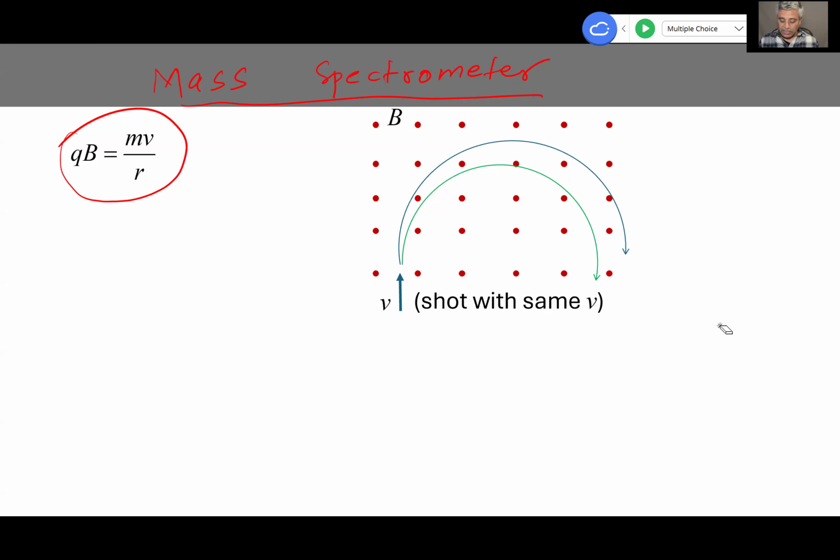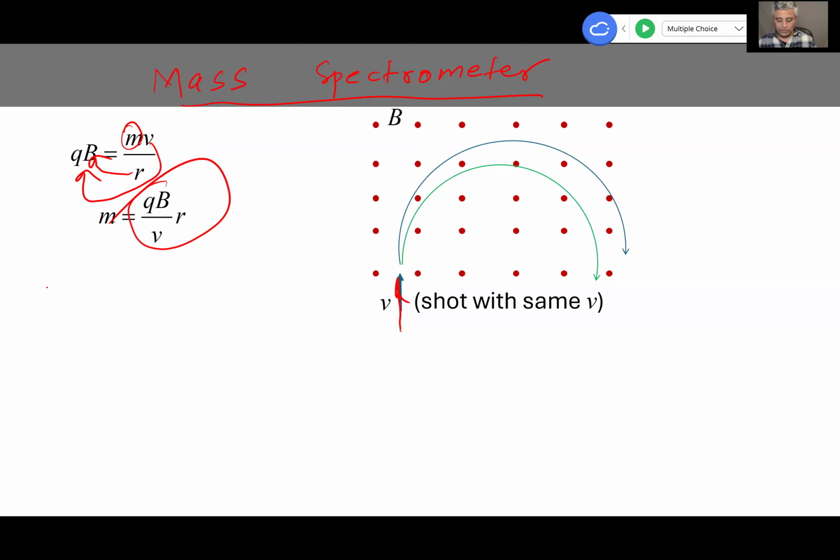You can shoot those charges in a magnetic field and they're going to go in a circle. If I'm solving this for mass, R is going to multiply, and B is going to come here and divide.